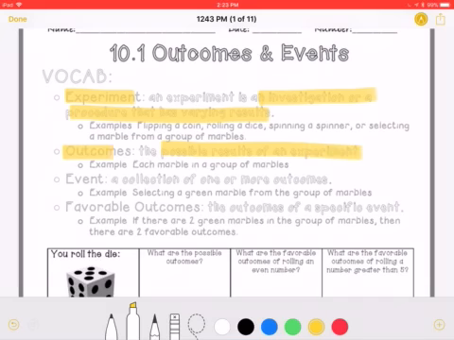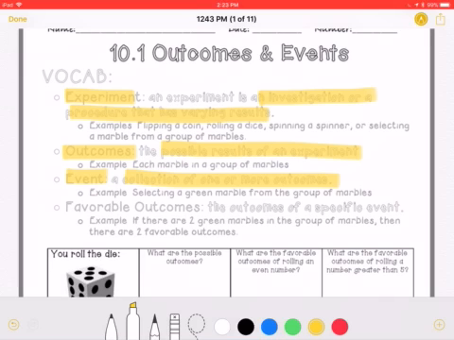So if you were to pull marbles out of a bag, all the outcomes are each of the marbles that are in that bag. An event is a collection of one or more outcomes. So this is when it gets more specific, like the event of choosing a green marble from the group of marbles. So if there's varying colors, well, what about just selecting a green marble?